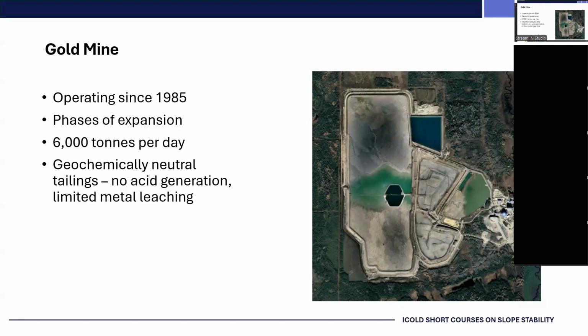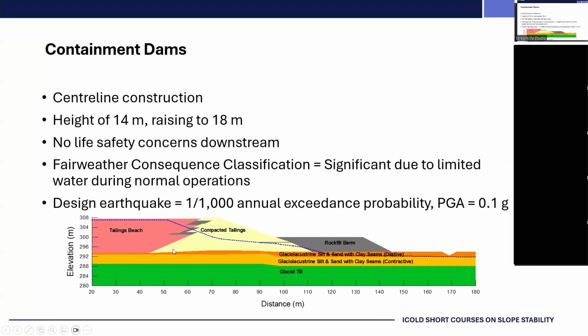It's also in a remote area, and if these dams were to fail, they would have environmental impacts, but not life safety impacts. As indicated earlier, it's a centerline construction. This yellow is the fill that's been placed at the dam. There's rock fill berms that have been constructed on the downstream side to provide appropriate stability over these glacial lacustrine sediments.